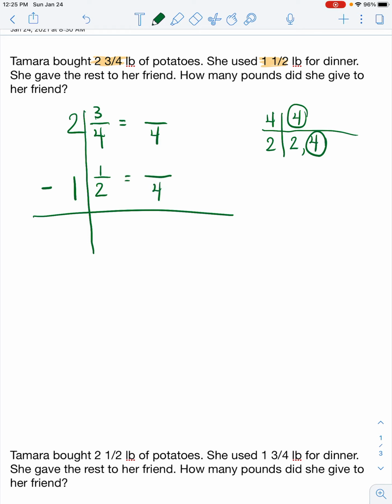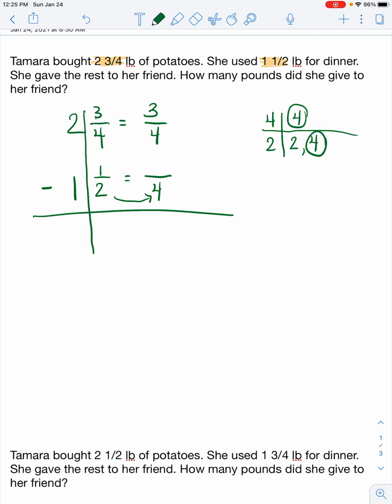And 3/4 is just equal to 3/4. I don't have to do anything to that. However, I do have to change a half to fourths, and we should know that a half is 2/4 because of the rule that any fraction where the numerator is half of the denominator is equal to a half.